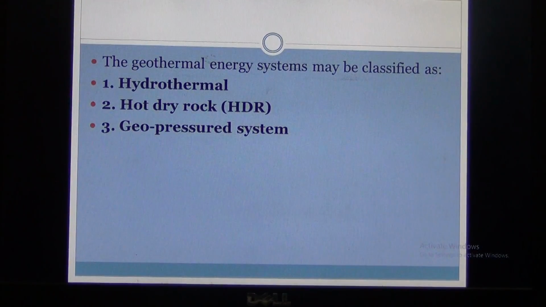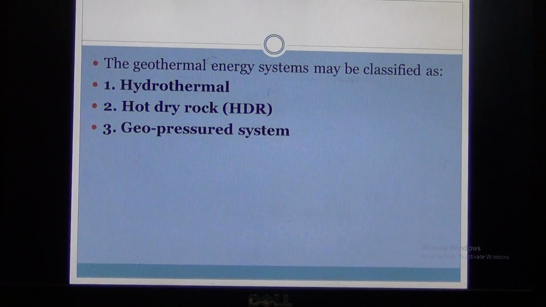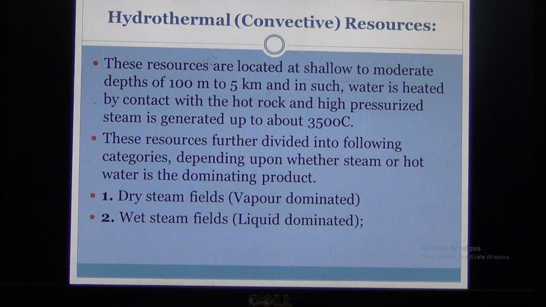The geothermal energy system is classified mainly into three parts: hydrothermal, hot dry rocks, which we call HDR, and geopressurized systems. The hydrothermal, we call it convective resources also.